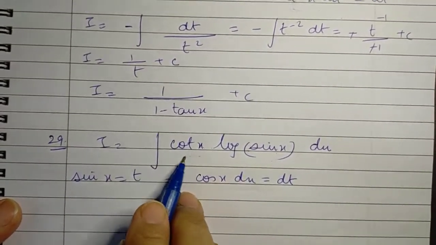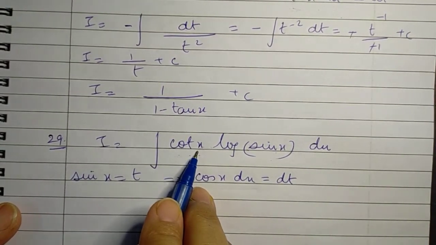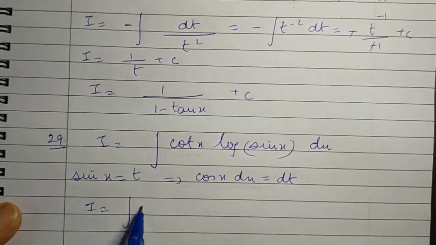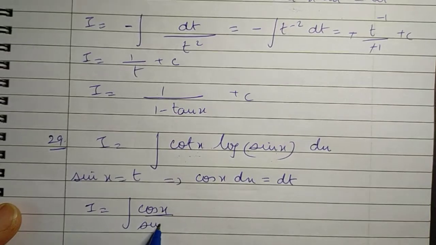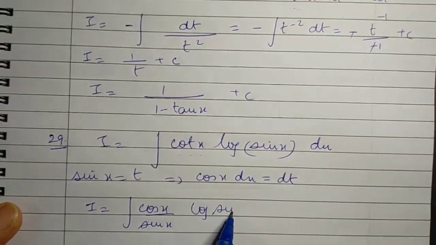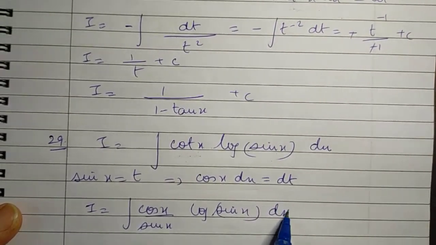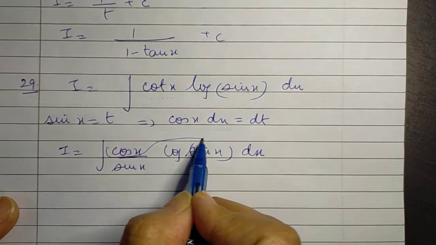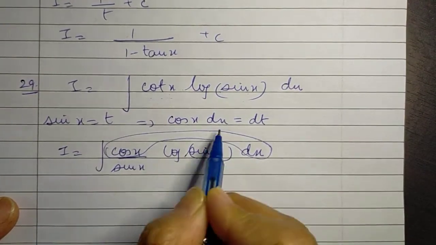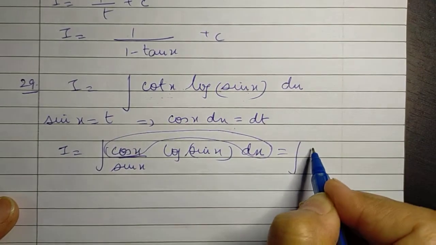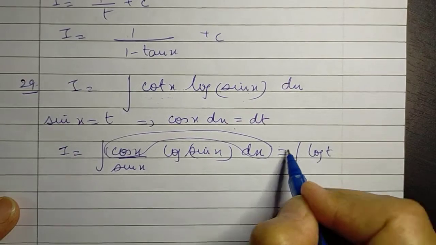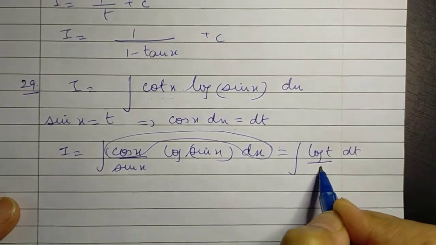Now here we have cot x, not cos x. So we should actually write it as cos x over sin x into log of sin x into dx. So this way, this cos x dx gets absorbed in dt, and what do we get? Log of t into dt upon t.